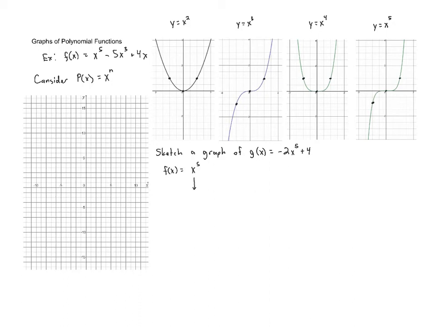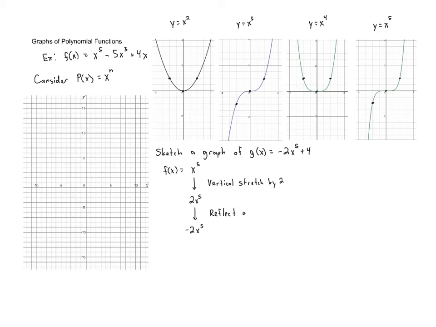The first thing we can do is replace x to the 5th with 2x to the 5th. And when we replace a function with 2 times its function, this gives us a vertical stretch by a factor of 2. Then we can replace the function with its opposite, and what that does is it gives us a reflection.